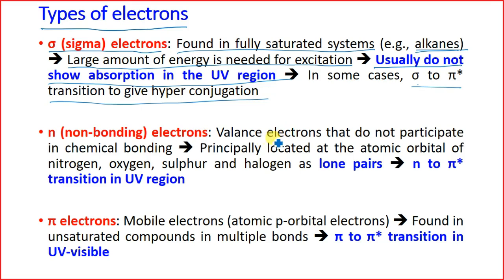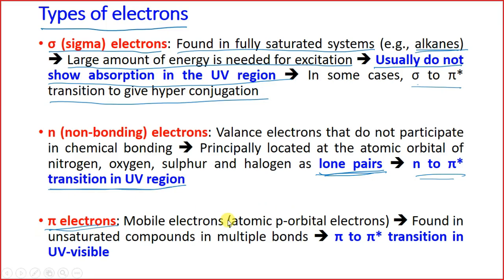These are valence electrons that do not participate in chemical bonding, and they are principally located at atomic orbitals of nitrogen, oxygen, sulfur, and halogens as lone pairs. These usually give rise to n to pi star transition in the UV region. And lastly, the pi electrons.